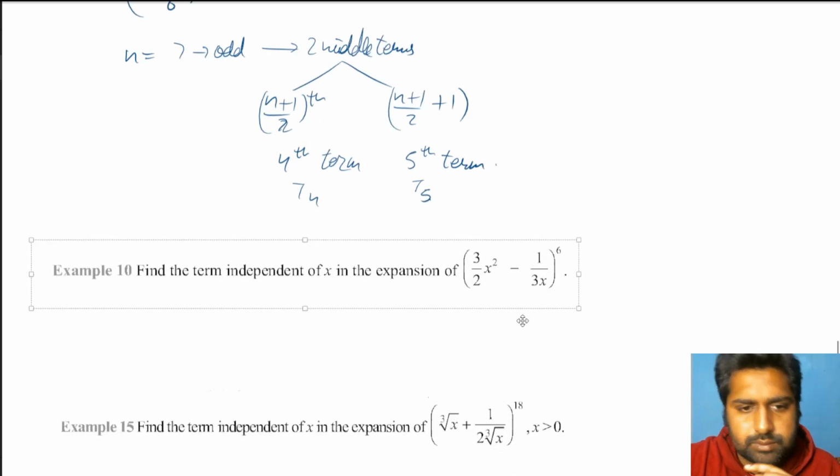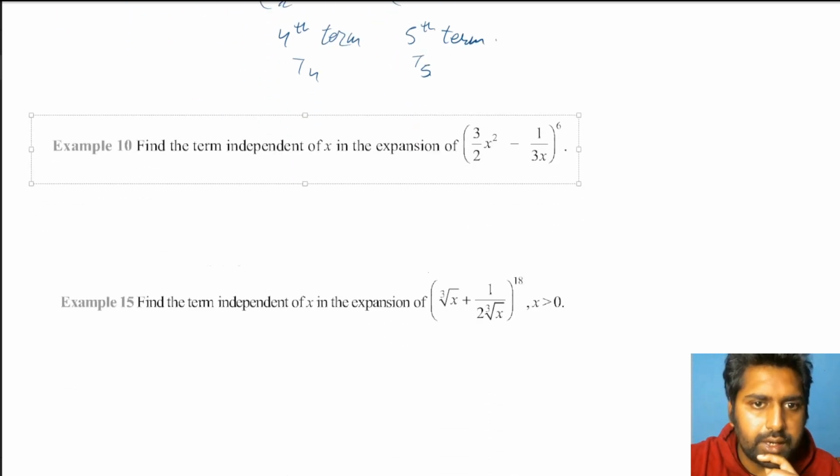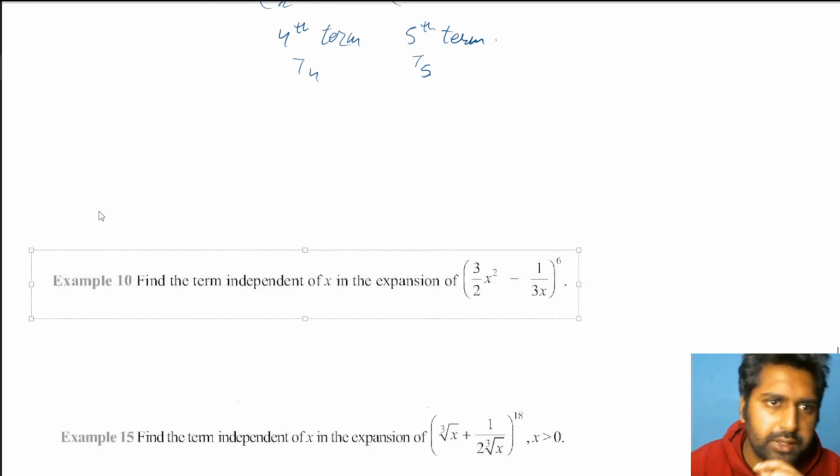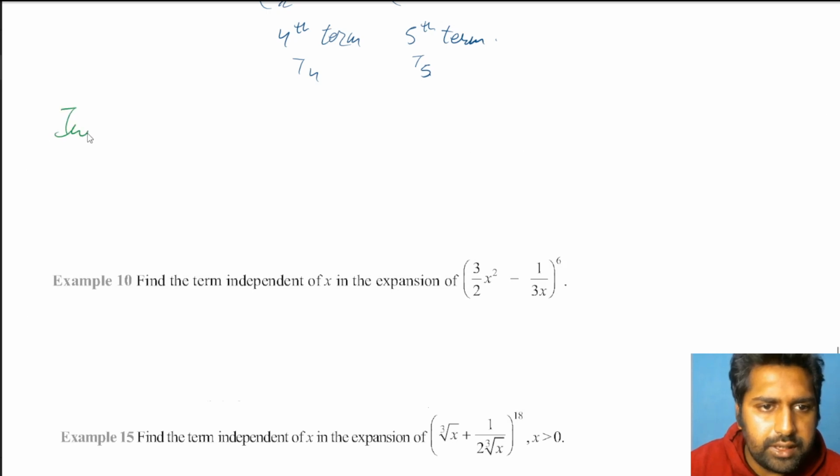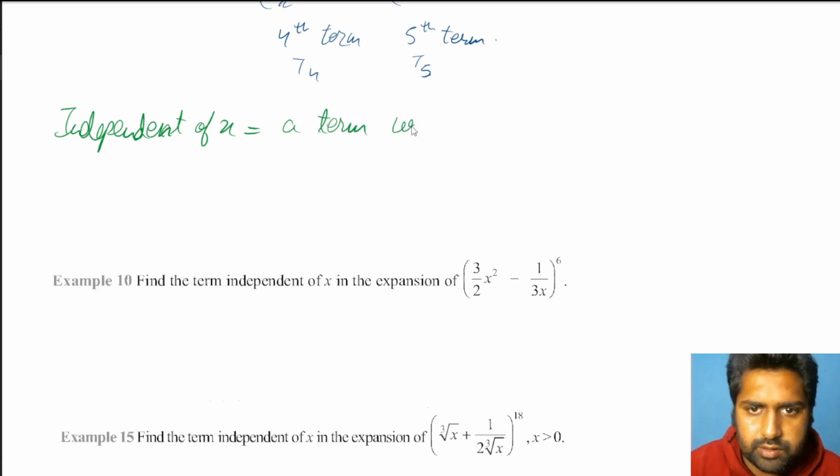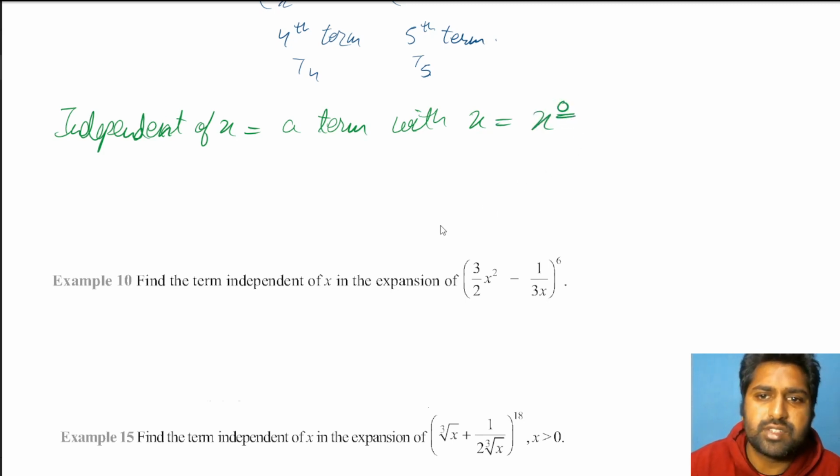One more application is regarding the independent term. For that, let me give you one simple meaning. Independent of x means a term without x, which means that the power of x will be 0, x raised to power 0.